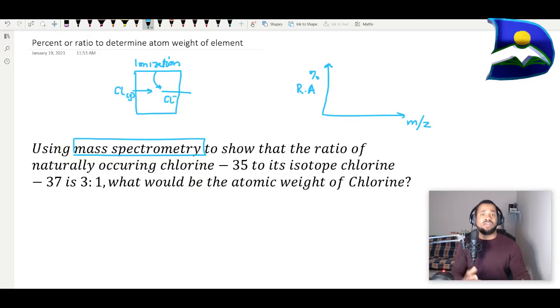This chlorine ion then goes through a second chamber, which is important for the separation of various forms of chlorine in terms of the number of neutrons, because of course the number of protons remains the same for chlorine to remain chlorine. However, when you split chlorines into various forms, these forms are called isotopes, and we're going to talk about that in this video as well.